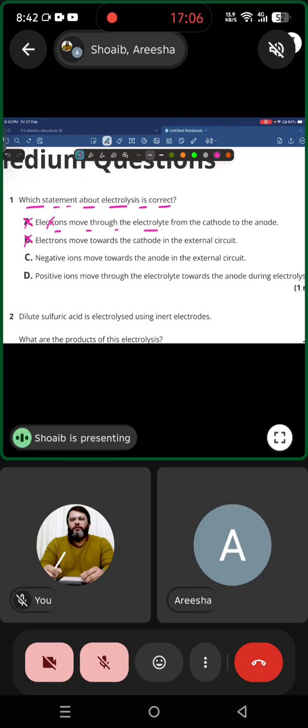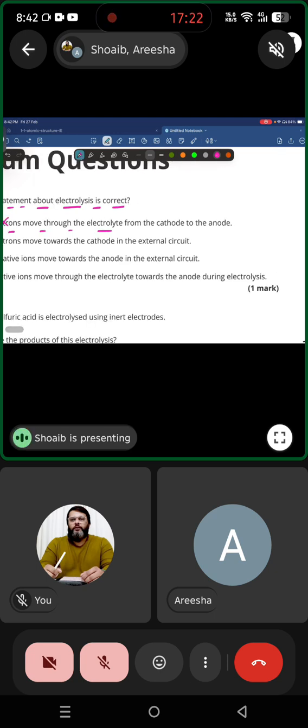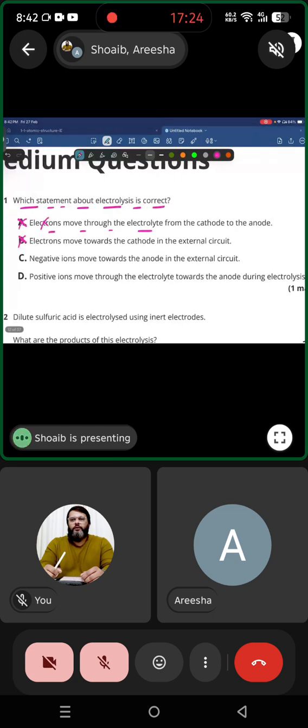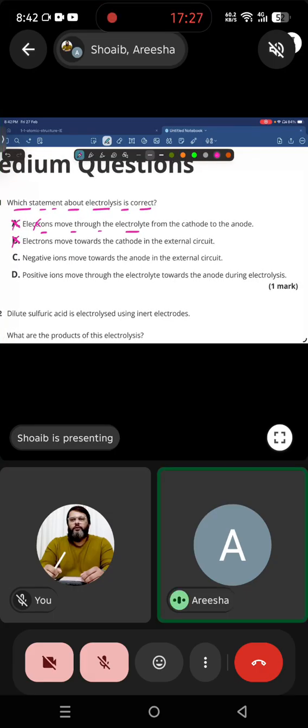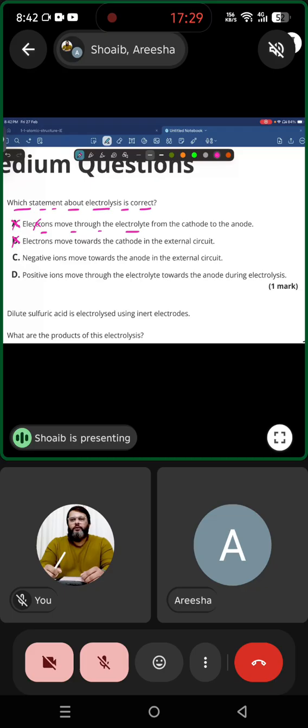Negative ions move towards the anode in the external circuit. No. Positive ions move through the electrolyte towards the anode during the electrolysis. So which one is correct here? Positive ions are what? Cations. Cations move through the electrolyte towards the anode during the electrolysis.